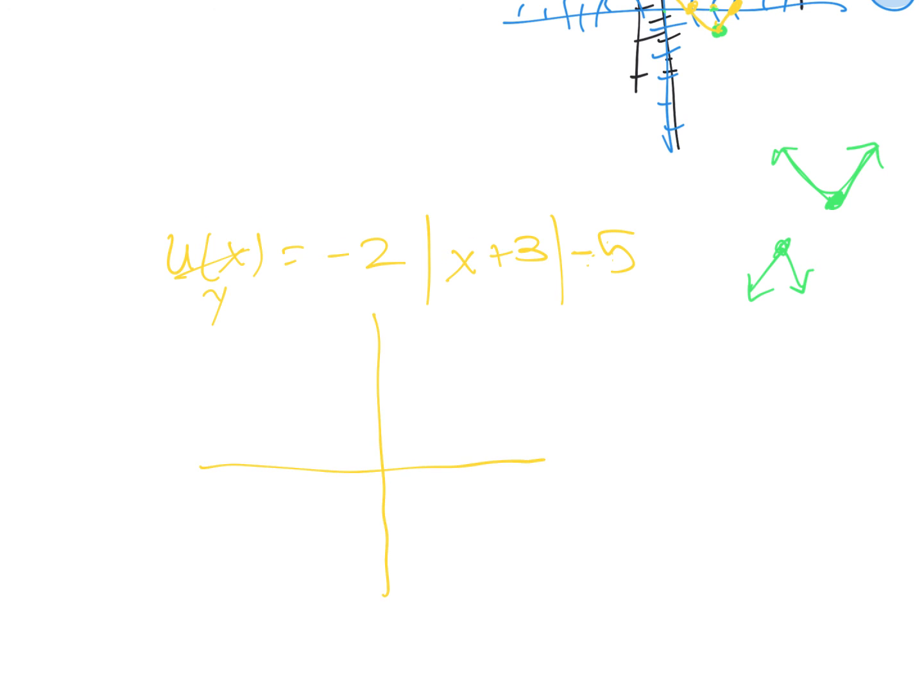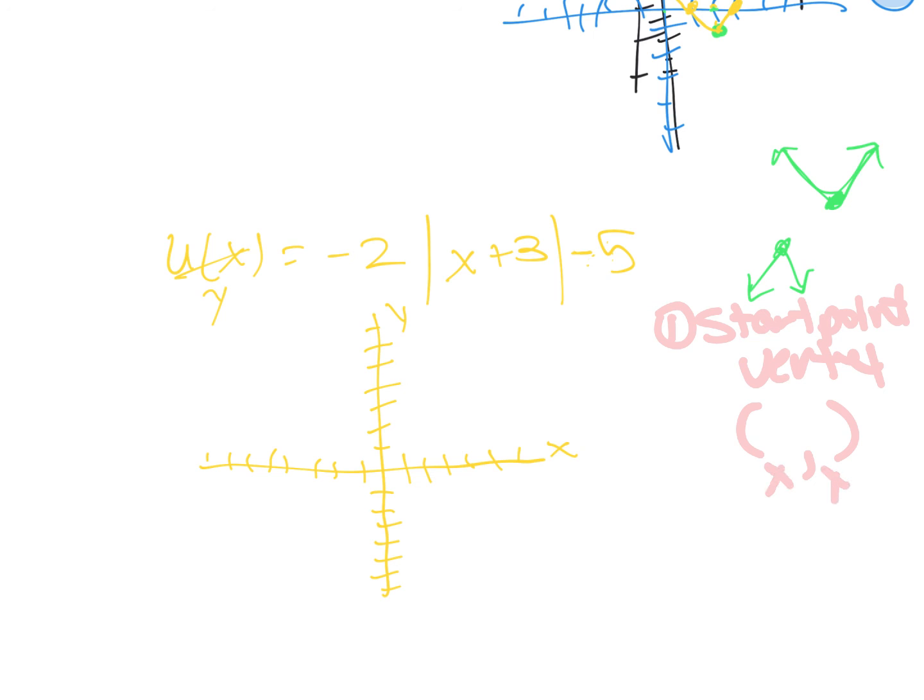Draw our coordinate plane, your X and your Y. Okay, so step 1, find your vertex, your start point. So remember, this is an ordered pair, right?